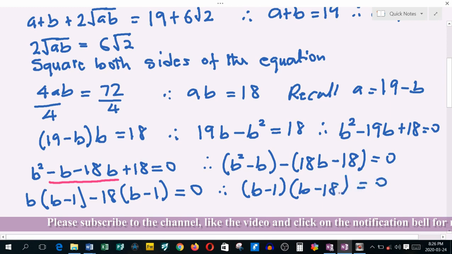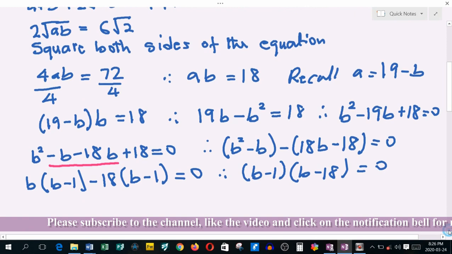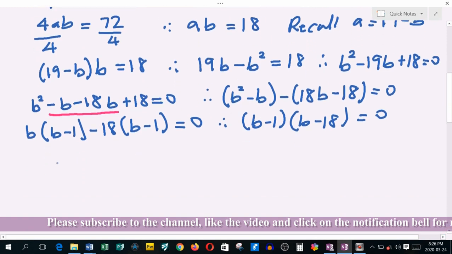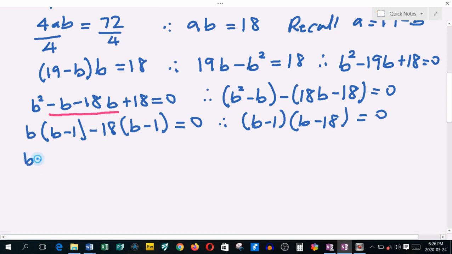This will give us 0. So we have b minus 1 is equal to 0, or b minus 18 is equal to 0. Therefore our b is equal to 1 or 18.